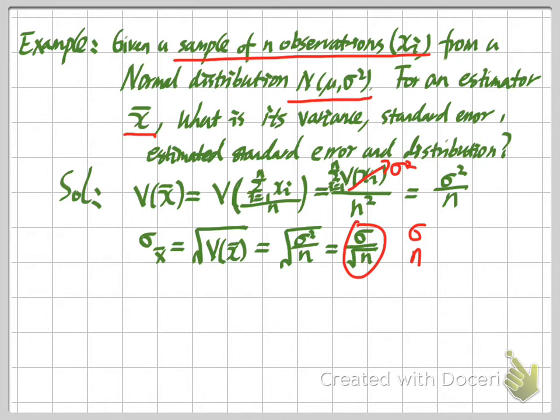In general, we don't know the value of sigma, because sigma is our population variance. When we don't know this, we still want to estimate the standard error, the value of sigma over square root of n.